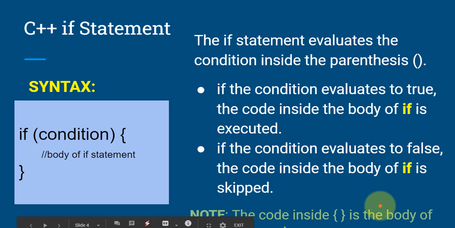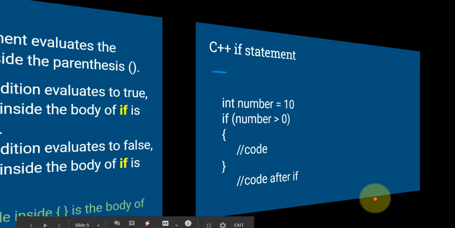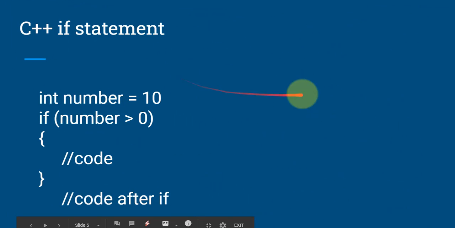Let's proceed. Assuming we have here a code, we're going to add a declaration: number is assigned a value of 10.